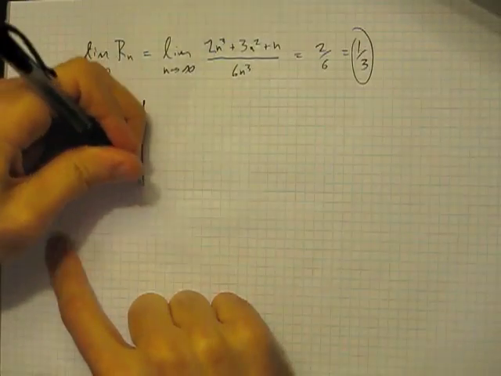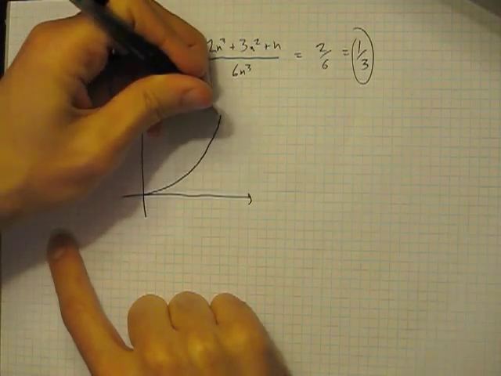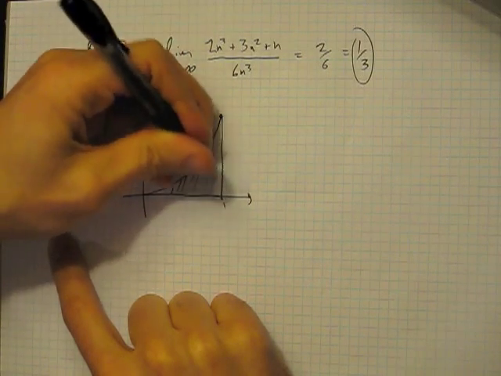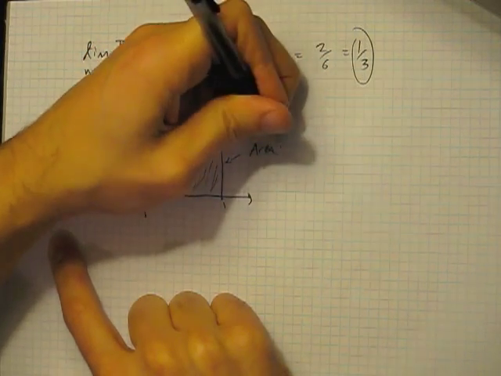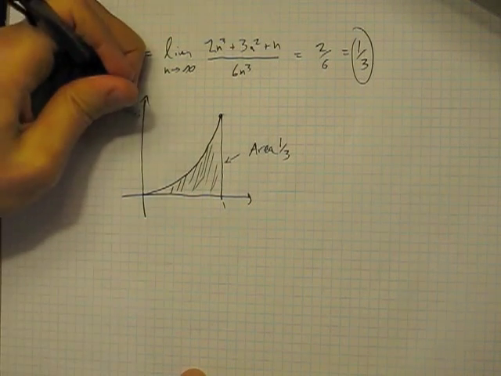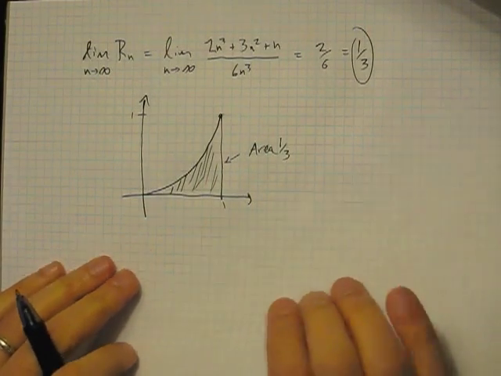Okay, so that tells us that there's exactly 1/3 of a unit's worth of area under here. So that's kind of cool. We computed this precisely.